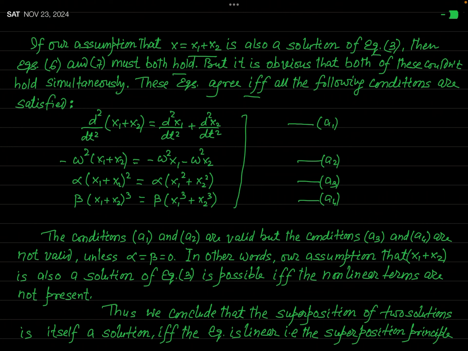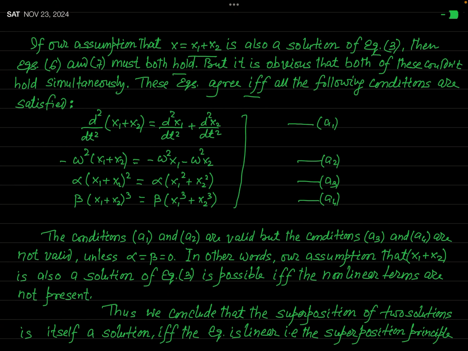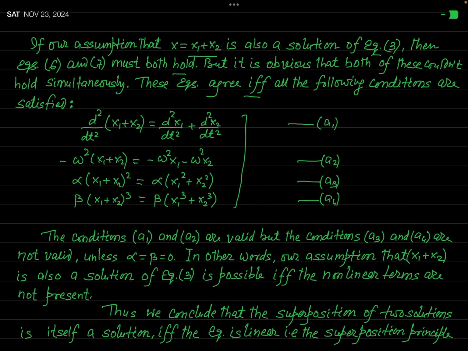Only then can you say that these two equations agree with one another. So the necessary and sufficient conditions for equations 6 and 7 to agree are as follows. The LHS must be equal to the LHS of equation 7. So d2 by dt square operated on x1 plus x2 must be equal to d2x1 by dt square plus d2x2 by dt square.